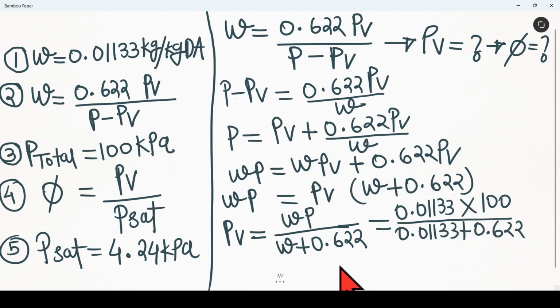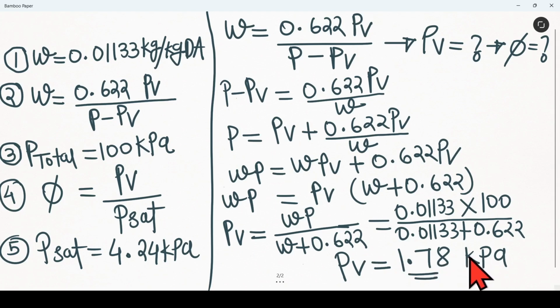If we solve this, PV is equal to 1.78 kilopascal. So we have calculated the partial pressure of water vapor, which is equal to 1.78 kilopascal.